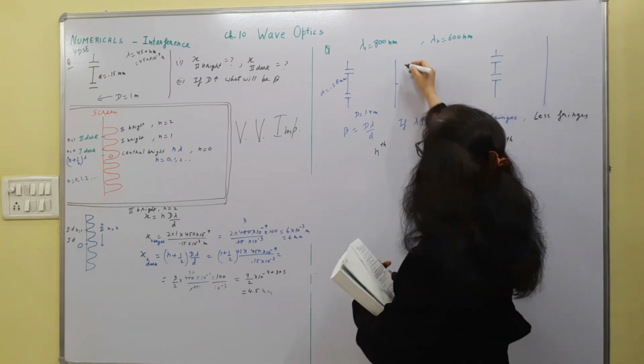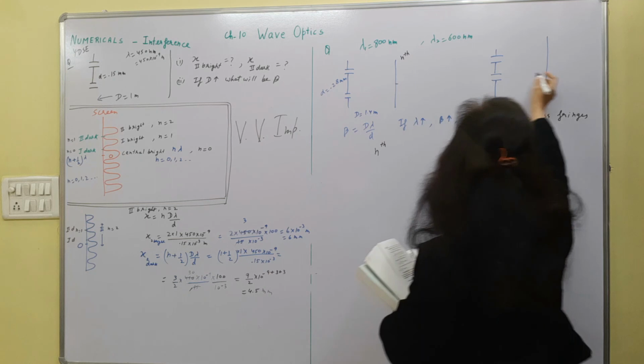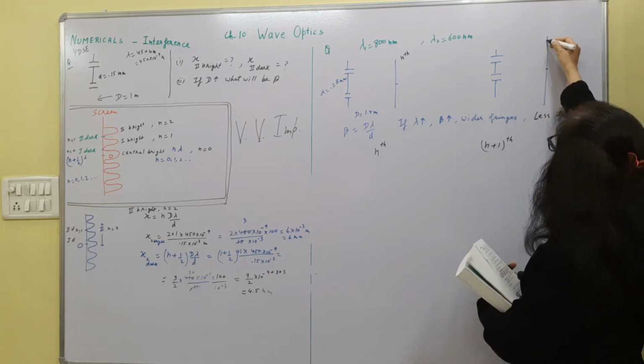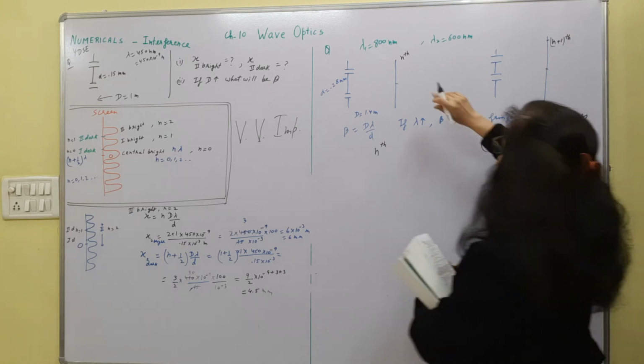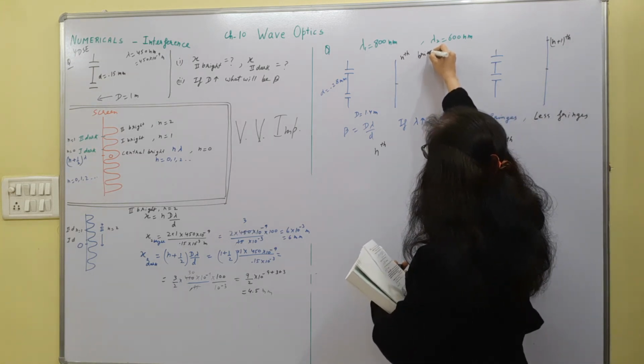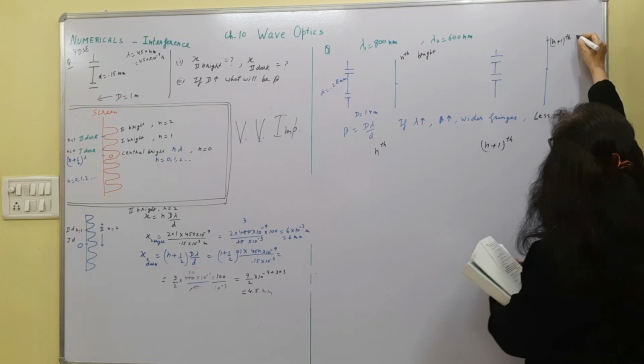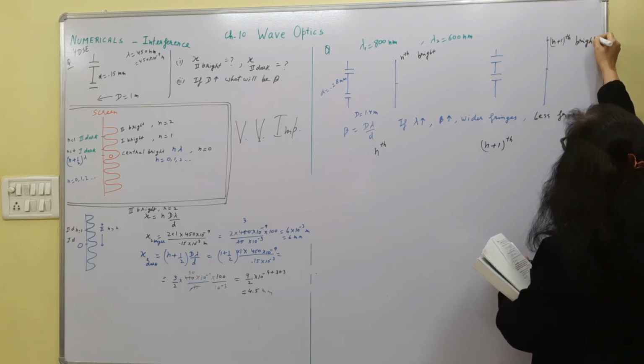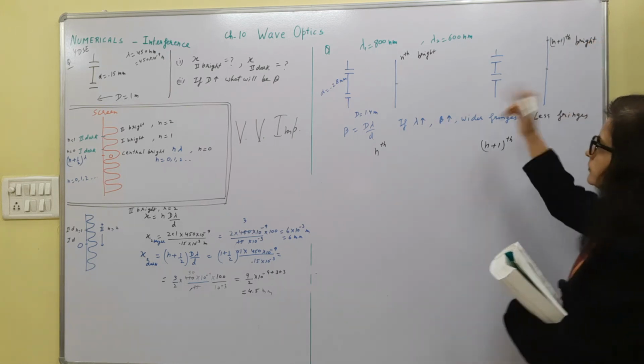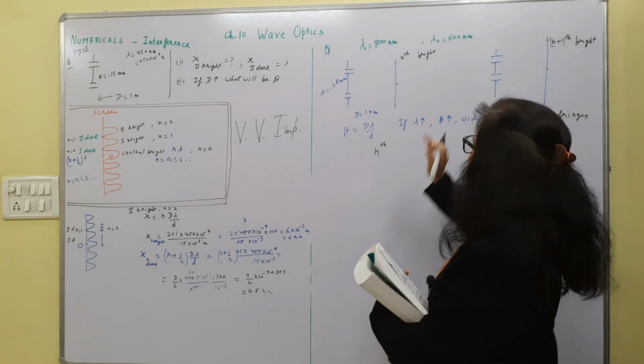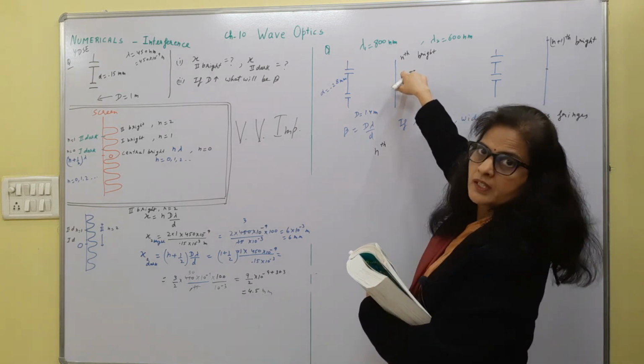So suppose that nth fringe is here and the n plus 1th fringe is here. We are talking about this bright. They are saying that find the position where these two coincide. So this distance is considered to be the same.